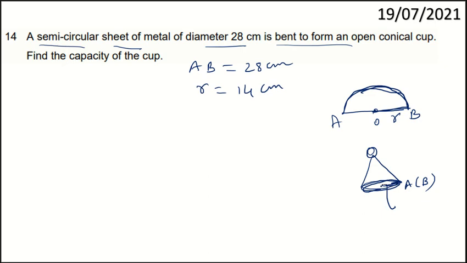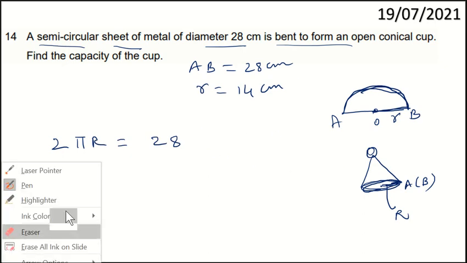Let us say that the base radius is small r, I have already used that, so I am using capital R. Now, circumference of the base of the cone, 2 pi capital R, is equal to 28, is it not? Sorry, not 28, I am wrong here.